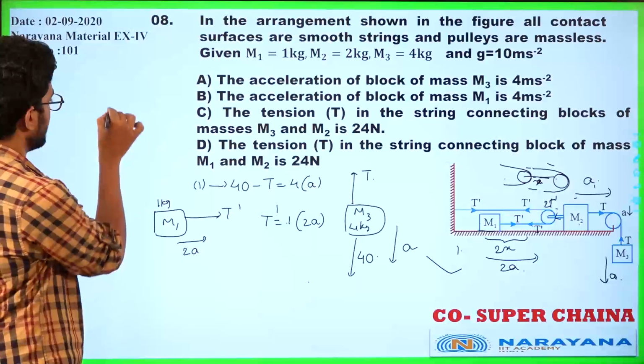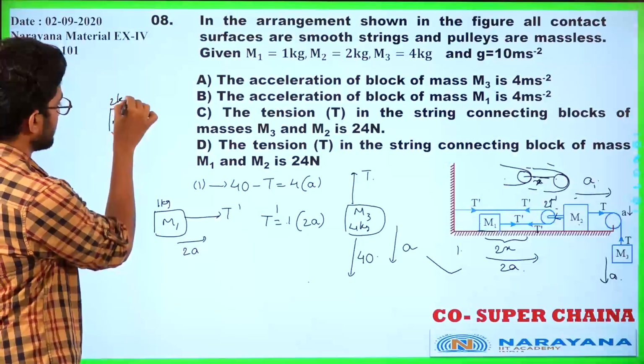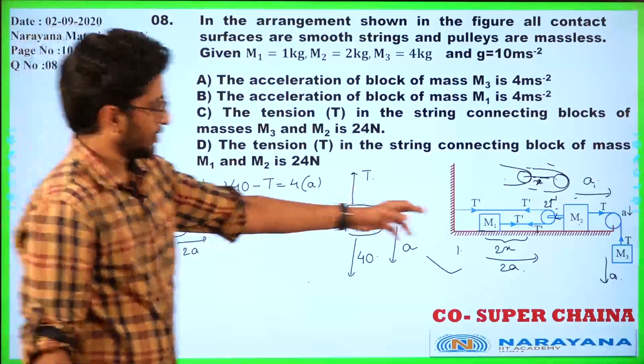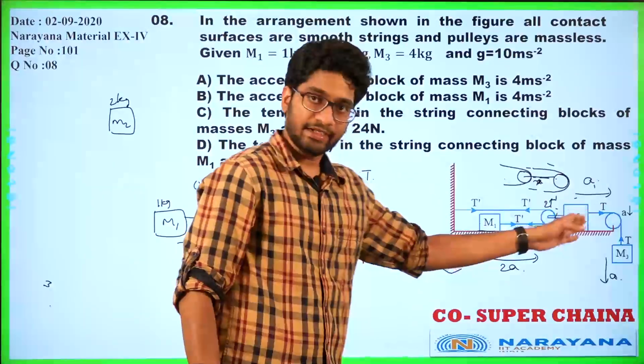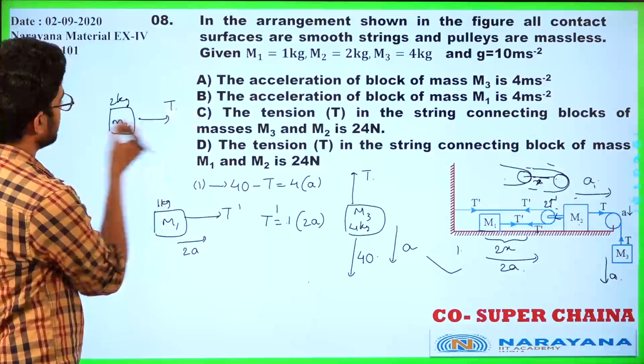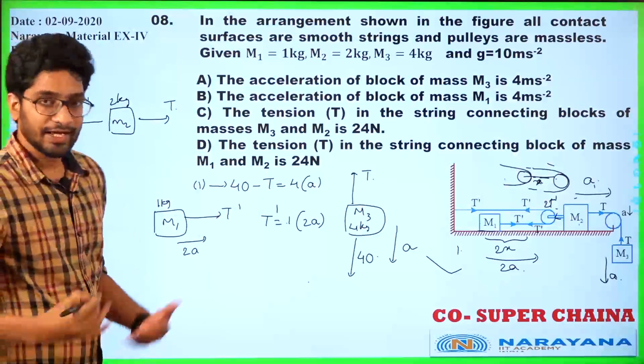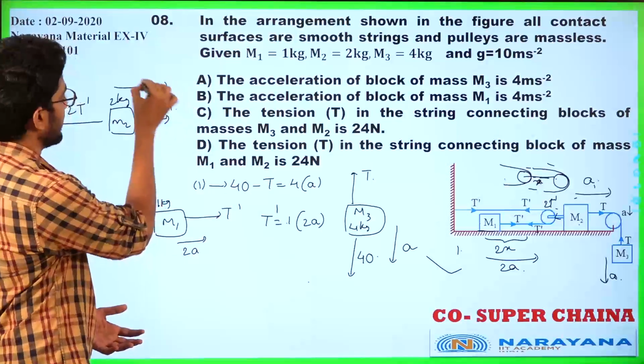Let's take the free body diagram of M2 also. For M2 what are the forces acting? It is of mass 2 kgs. Force acting on M2 is T towards right, 2T dash towards left. And I know it has an acceleration a in the forward direction, right?